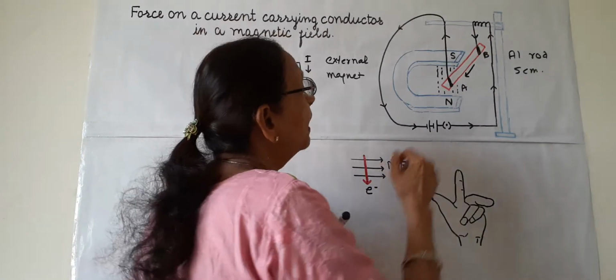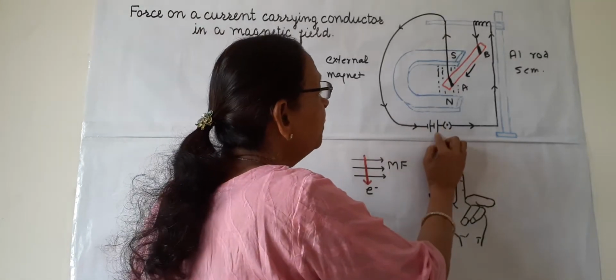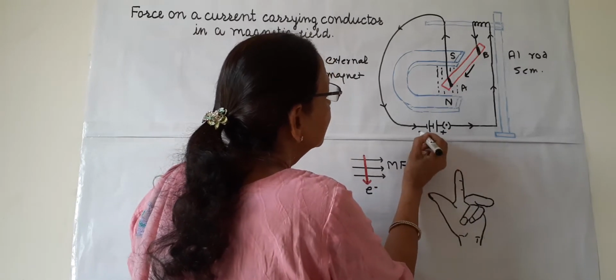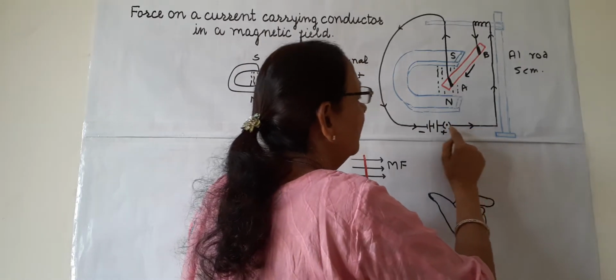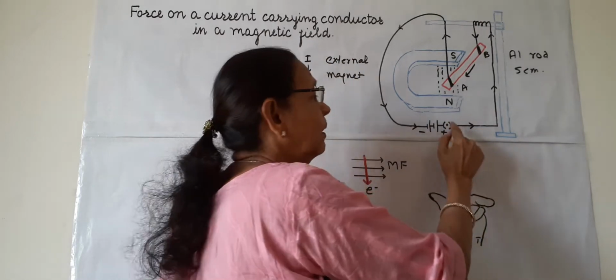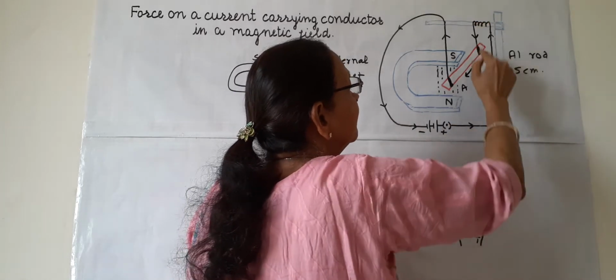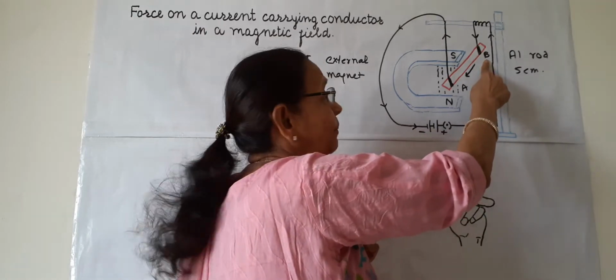Now what we do next, we switch on this switch. This is the positive end and this is the negative. The current will pass from this positive end along these arrows. Here it goes like this, and it comes to the B end of the aluminium rod.